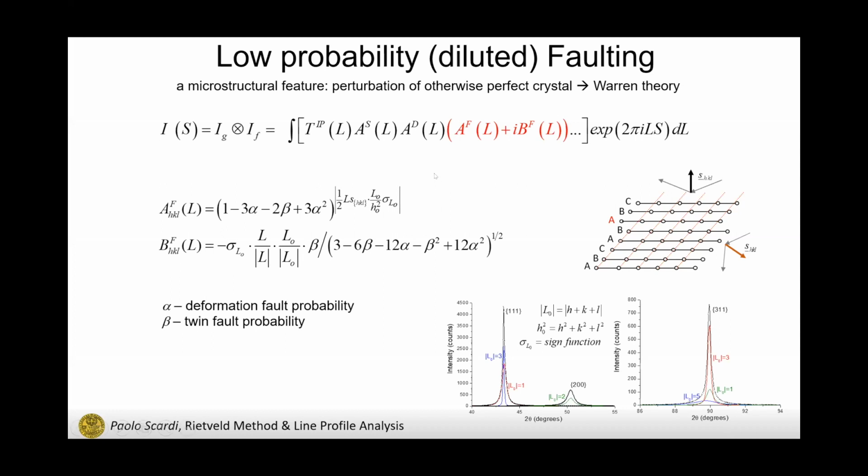This needs to be considered, okay? It's very important. Never try to use it if the fault probability is large. So systems must be diluted, faulting must be diluted.